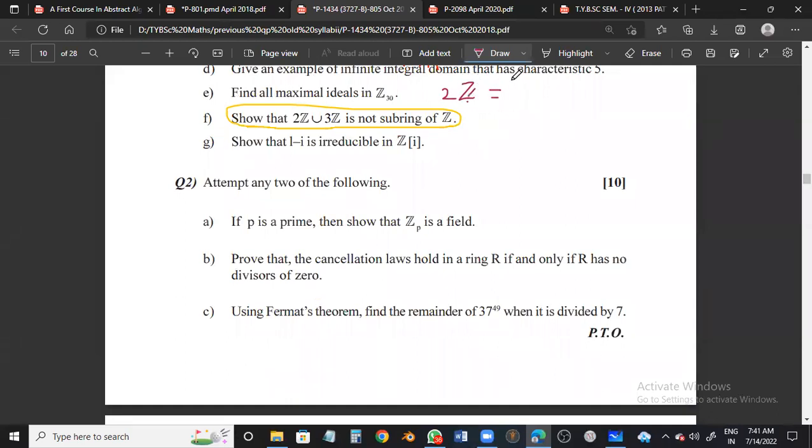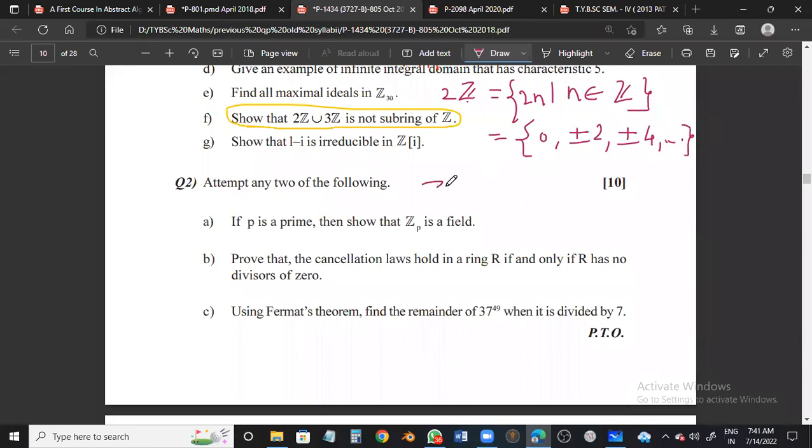Yes, can anybody tell me? I can say it is 2n, where n belongs to Z. And to be very clear, let me picturize it. It becomes the set 0, plus minus 2, plus minus 4, plus minus 6, and so on. So all even.